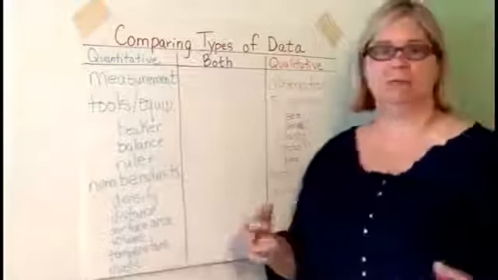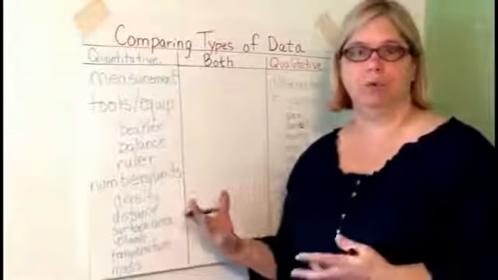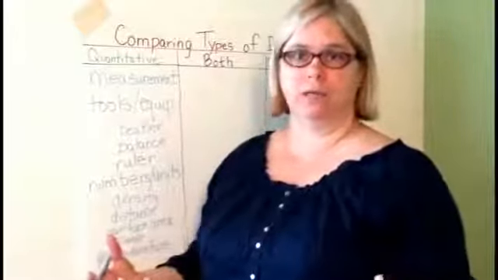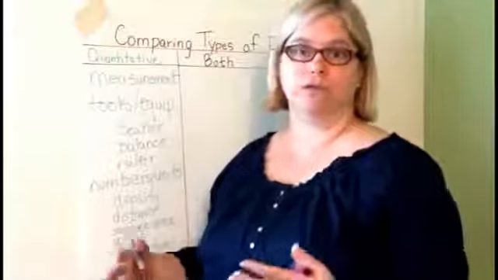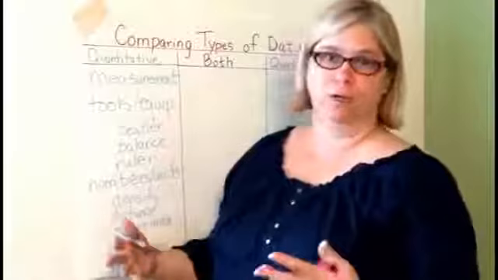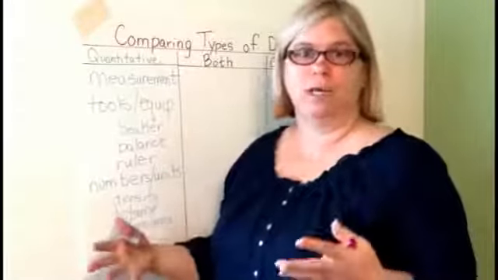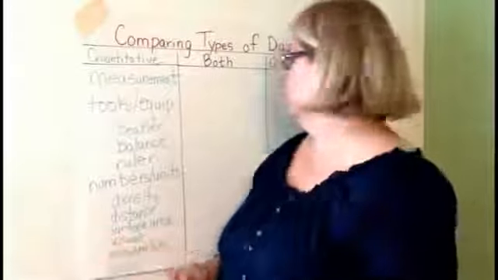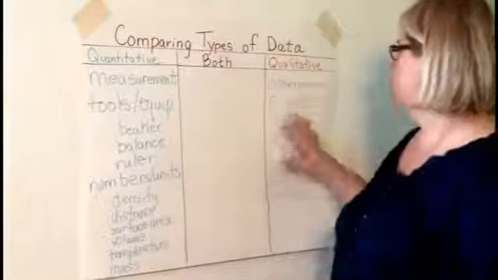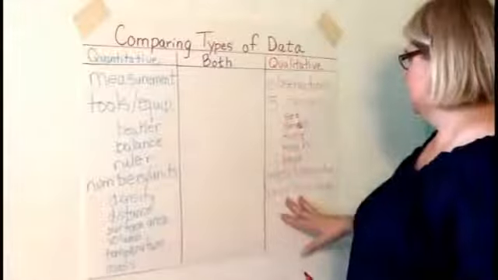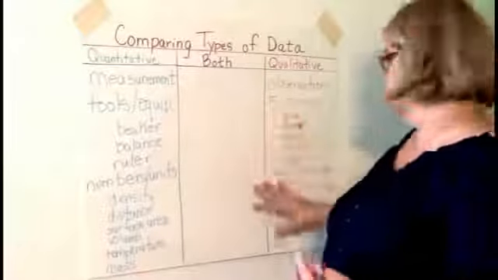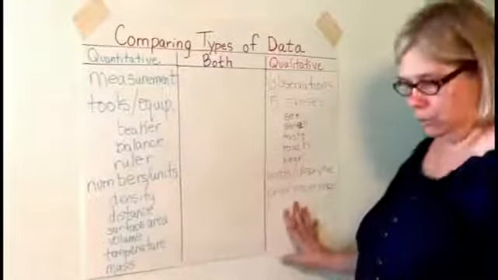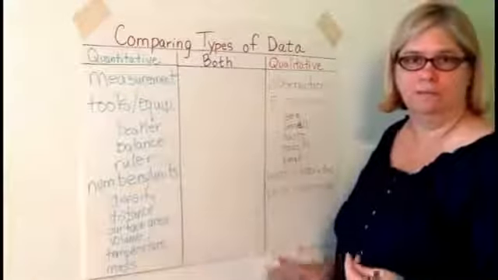So when we see a cat, we know it's a cat. When we see a bear, we know it's a bear. So if we see a new animal and we recognize it as a bear, we can say this animal was a bear. We don't have to describe it as having 4 legs and fur, and instantly other people who have seen a bear before, or a picture of a bear, know it's a bear. So qualitative observations, we use our 5 senses, all the ones that are safe to use, and it's very descriptive. We use words, and we can use our prior experience.